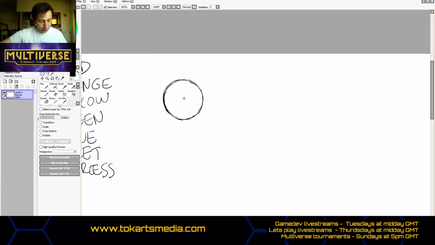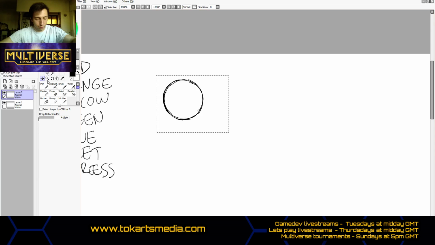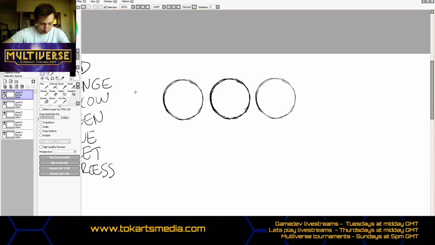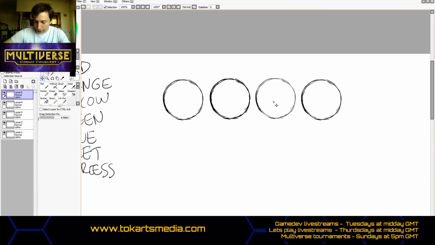Might as well start doing this. Copy, paste, move. Copy, paste, move. Copy, paste. Selection is empty for some reason. Selection is empty. What's going on? Oh, there they are.